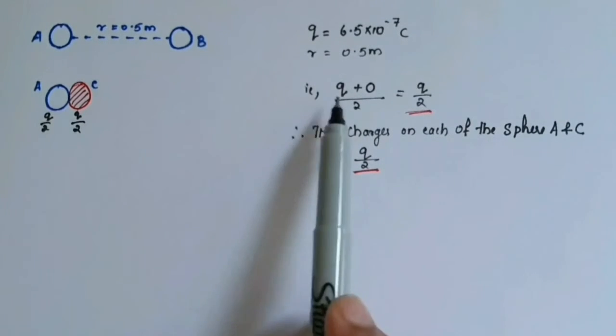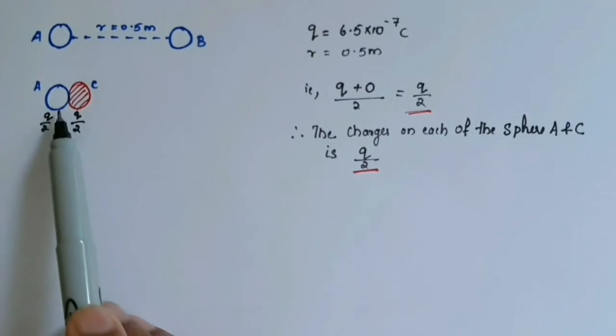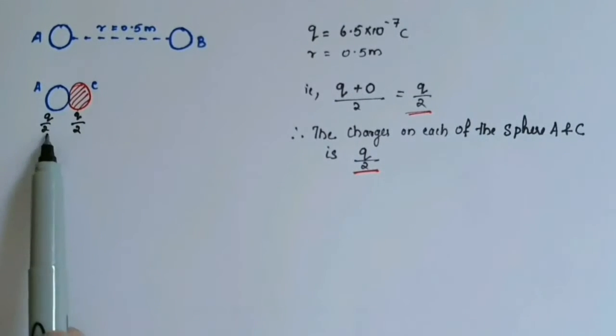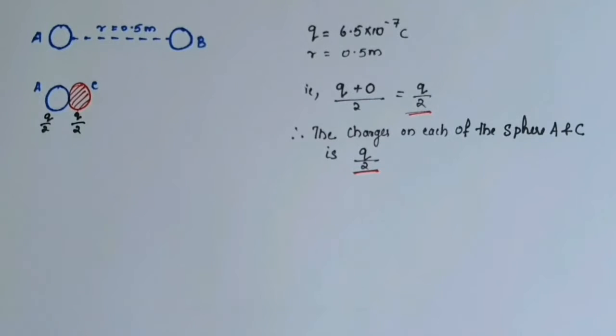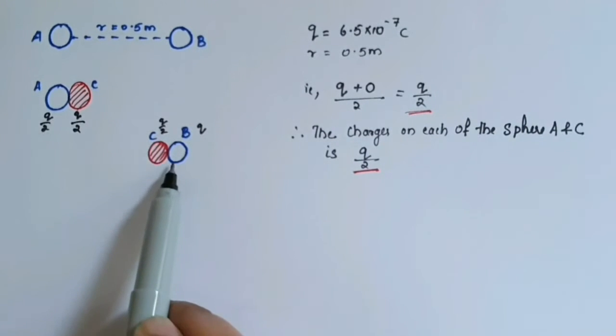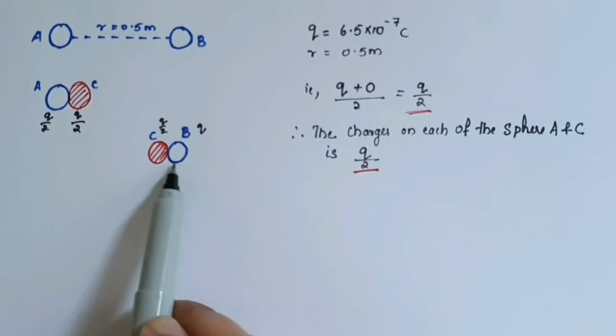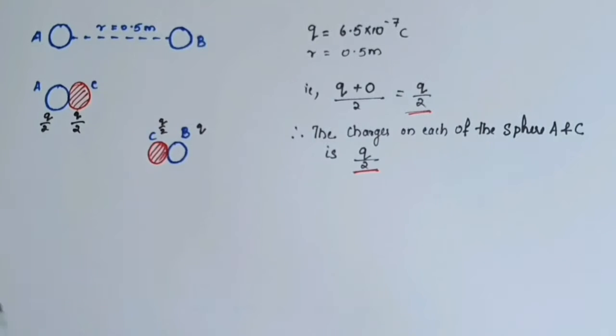Initially, the charges on A is Q and C is 0. When they touch each other, their charges share equally. Now the new charges become Q by 2. Now, sphere C with charge Q by 2 is touched with sphere B with charge Q. Here also, the charges will share equally.